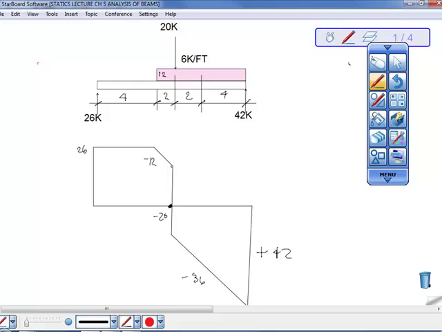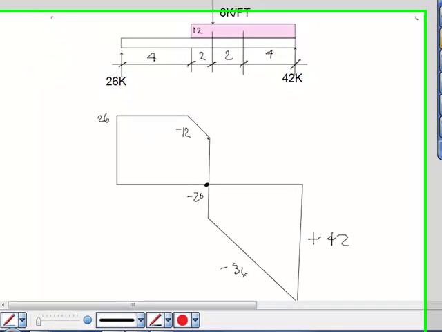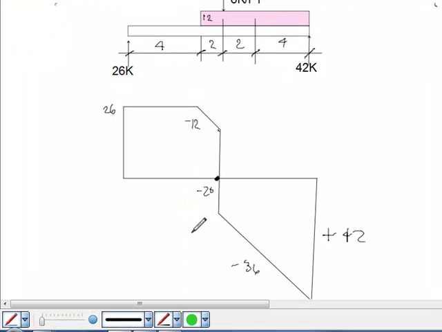This one is going to have a combination of curved lines and straight lines. The first thing we want to notice is that this green line shows where the curved line is going to start, and over here it's going to be straight, because here we have our distributed load, and that's always a parabolic line.